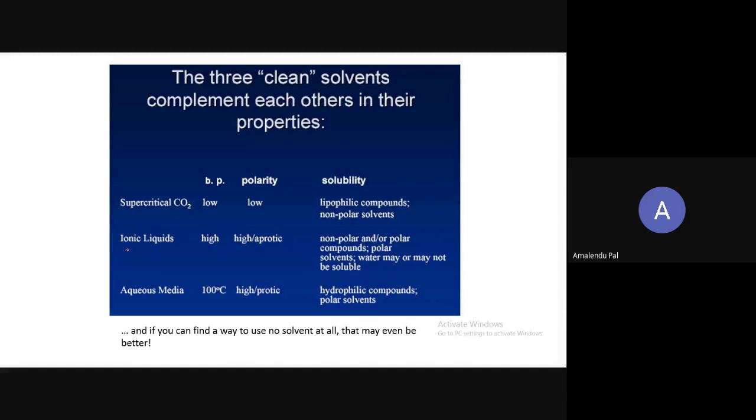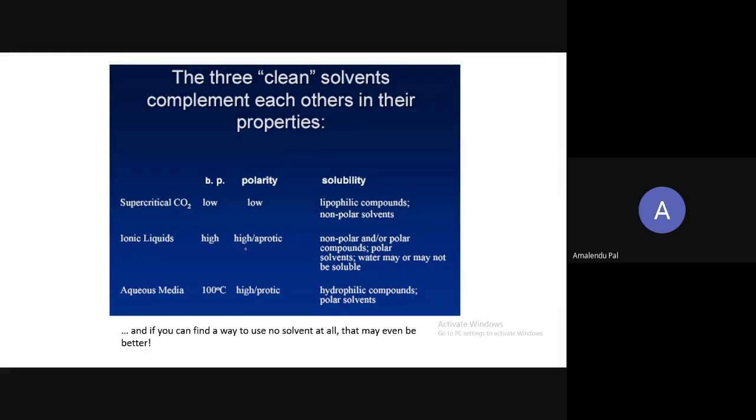Another green solvent is ionic liquid. Nowadays, ionic liquid is very significant as a green solvent because its characteristics are very good. High boiling point, nearly 300 degrees above. That is good also.